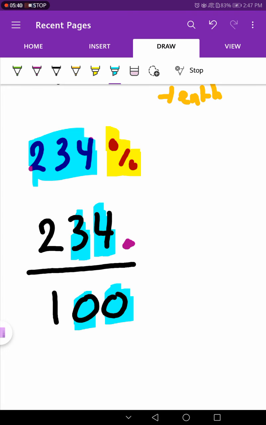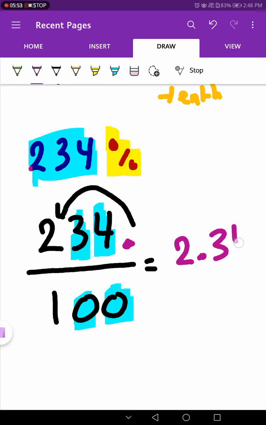So I have to move this decimal point 2 digits, so the answer will be 2.34.